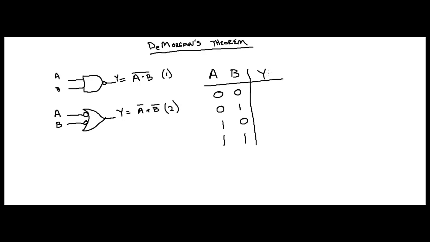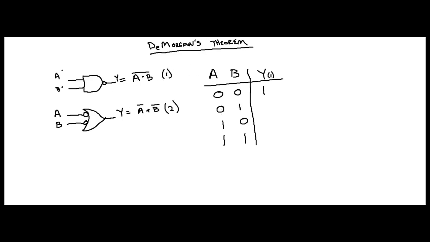So let's just look at Y for number 1, shall we? If both are 0, this is 0 right here, and this is 0 right here, your output is going to be what? Well, it's going to be a 1, isn't it? Because it's inverted. Now, let's do another one, shall we?